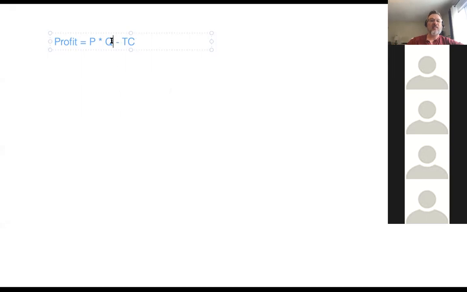One of the things that you should note is that revenue is one piece of this, but we also have this other piece, which is the firm's total costs. And in particular, what that ends up telling us is that it's necessary.